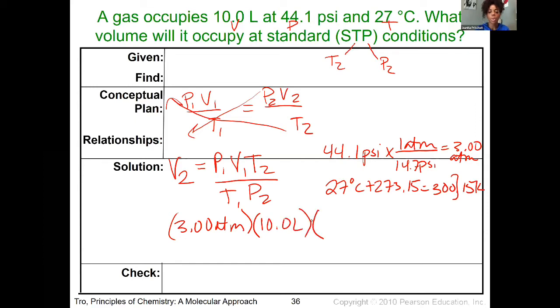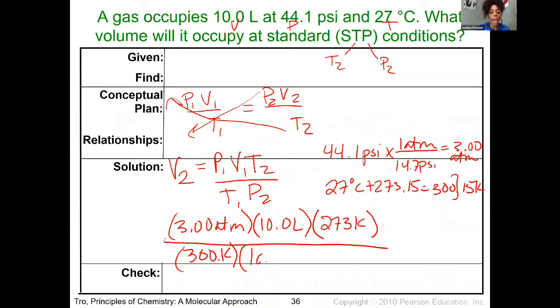Now, T2, remember, it's telling us we're at STP now. So that means T2 would be 273 Kelvin. Our T1 is what we've converted, so that's the 300 Kelvin. And our P2, remember STP, that means we're at 1 atmosphere.